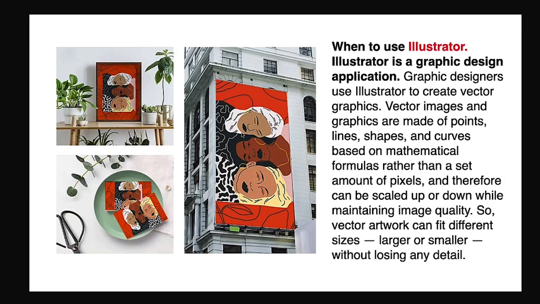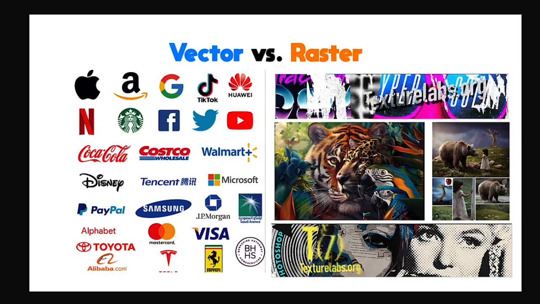So vector, again, it just means that I could take these inside of Illustrator, I could scale them up as big as I want, and they would look just as sharp and as detailed scaled up to 50 feet as they would scaled down to 5 inches. That's why we use Adobe Illustrator. And again, a lot of the tools from Adobe Illustrator are available inside of Photoshop, so we'll get familiar with those. Moving forward, here's some more examples of vector versus raster.